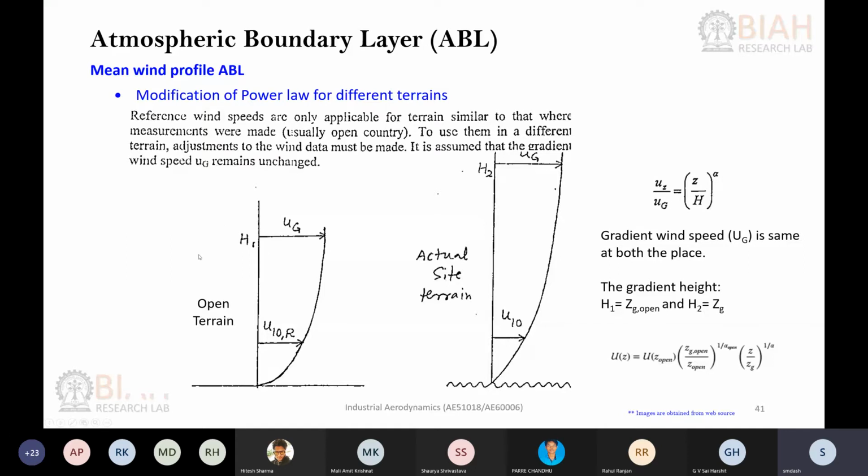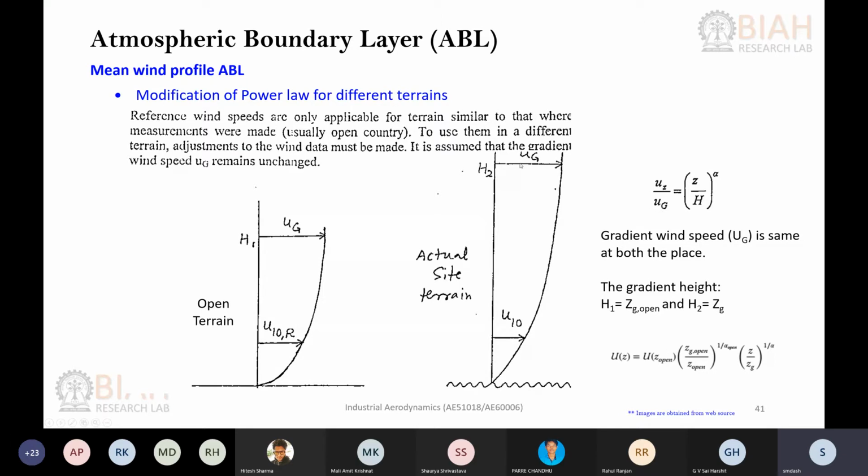If you know the information for the open terrain condition, which can be considered as your reference case, using this data you can find out what the velocity values or the velocity profile look like for an actual site that you are interested in. Okay, so you need to basically use the same governing equation here. And now one of the assumptions we need to make here is that UG remains the same.